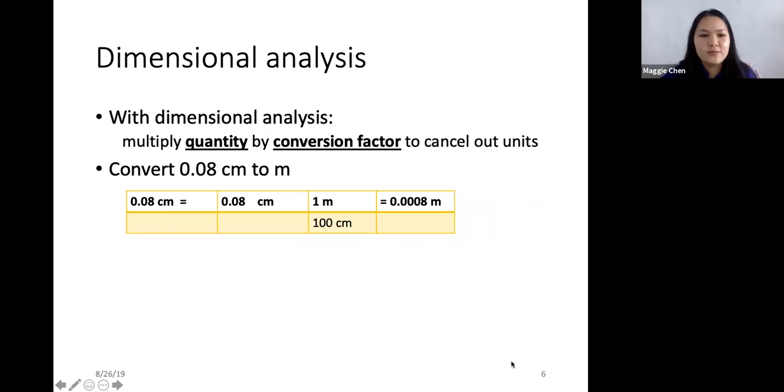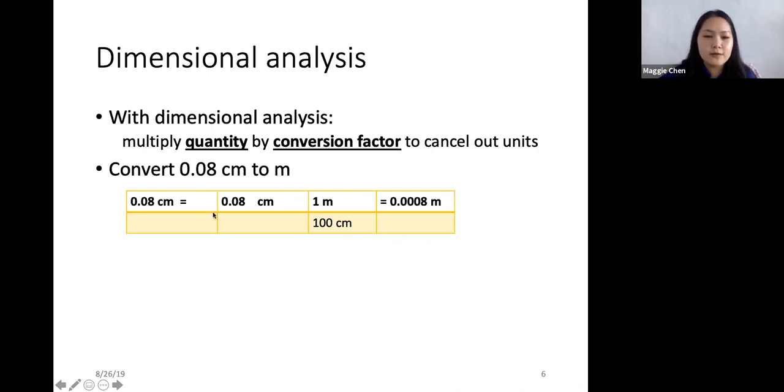Dimensional analysis. With dimensional analysis, we can multiply the quantity by a conversion factor. So if we wanted to change whatever number that we're given in a certain unit to a different unit, this is what we can do. So say we're given 0.08 centimeters and we wanted to change it to meters.